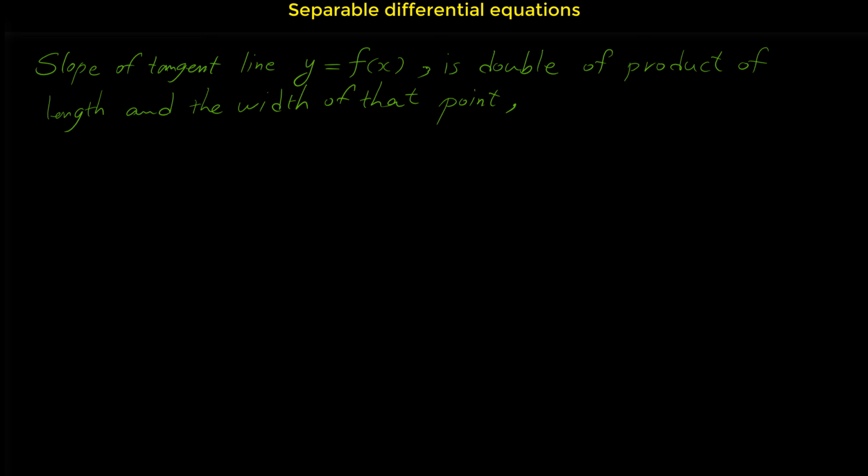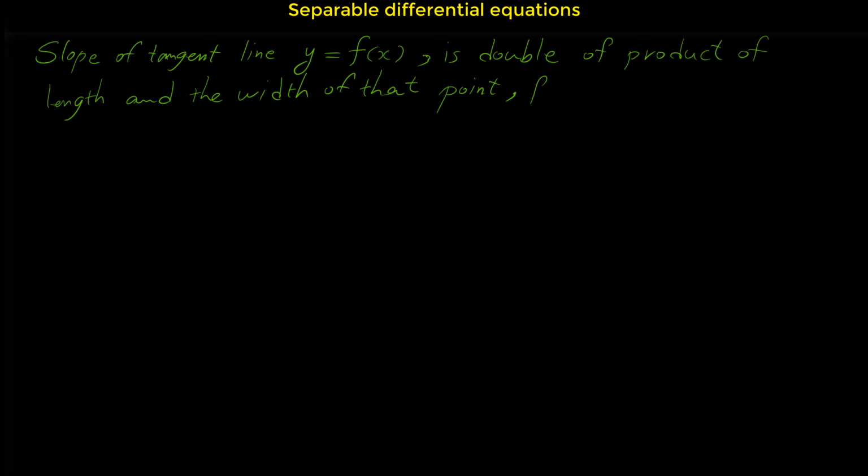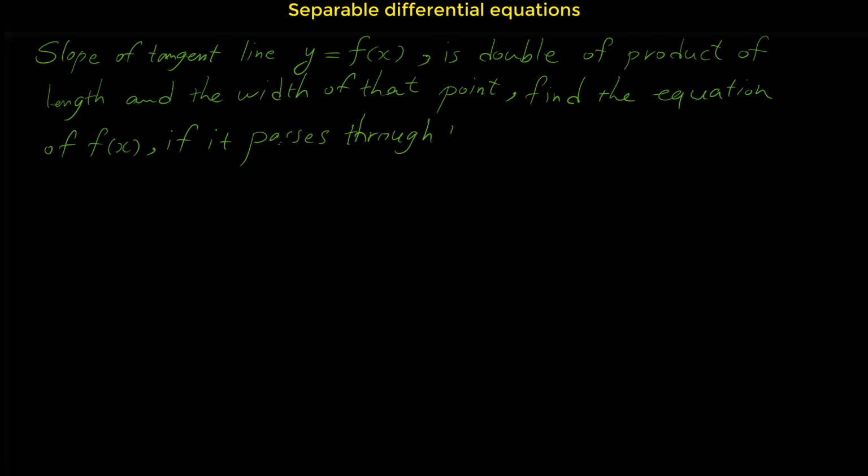So the slope of the tangent line to the curve y equals f of x is double the product of the length and the width of that point. Find the equation of f of x if it passes through the point 0, 1.